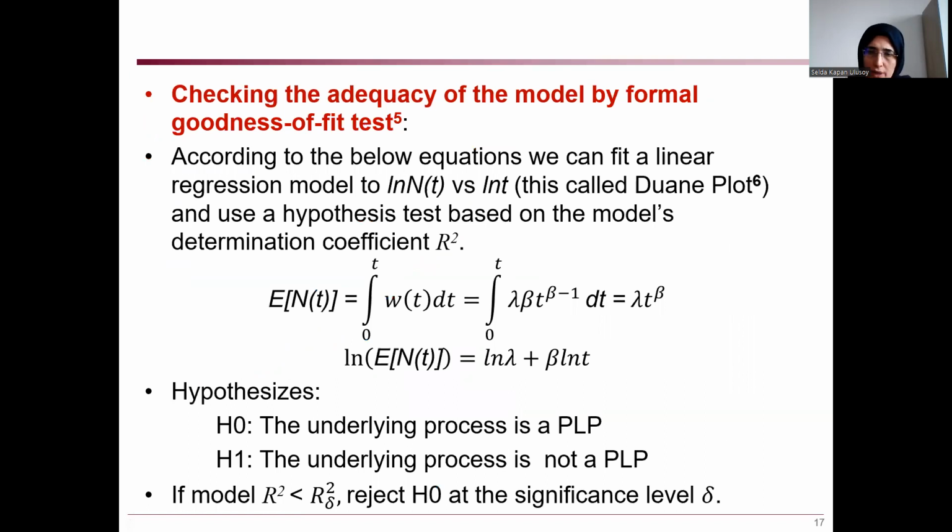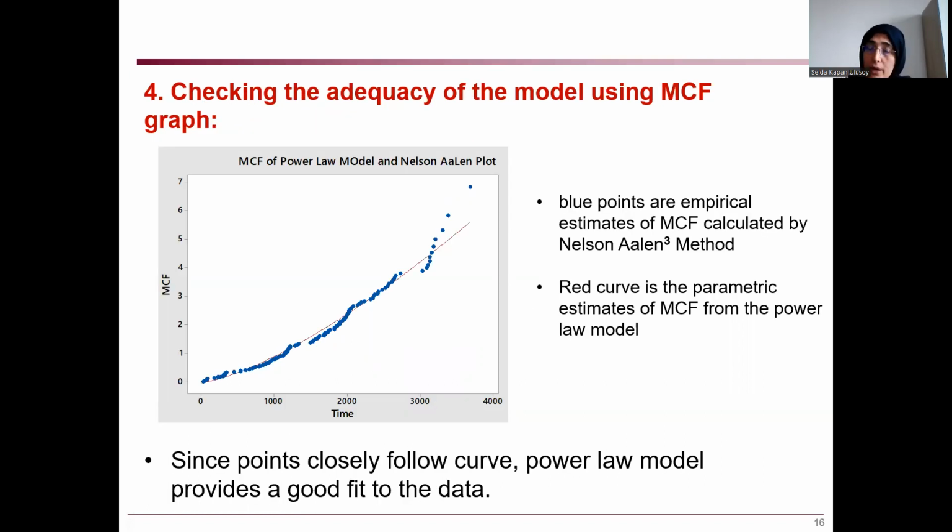It is calculated by the Nelson-Aalen method. And here the red curve is the estimate of the MCF from our model. As you see, the points closely follow the curve, so from here we can say that the power law model provides a good fit.